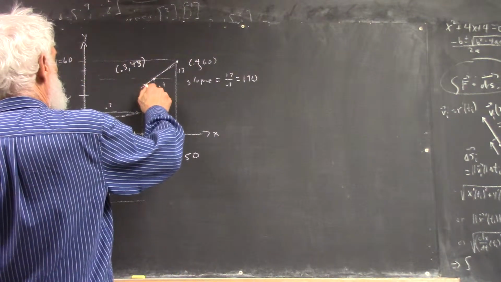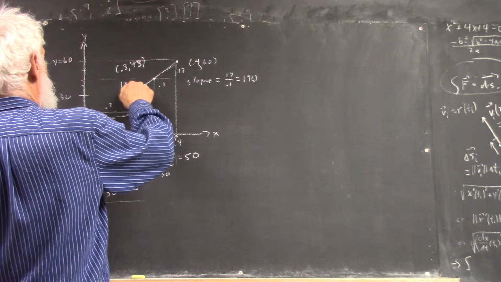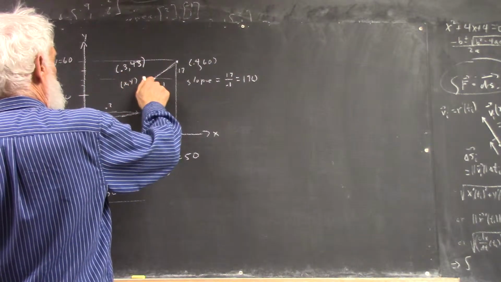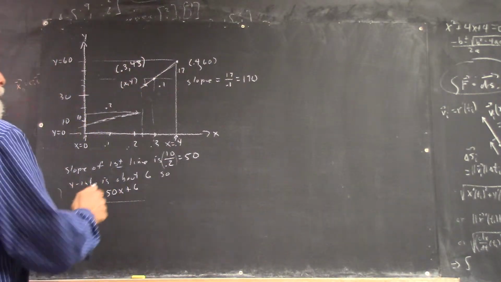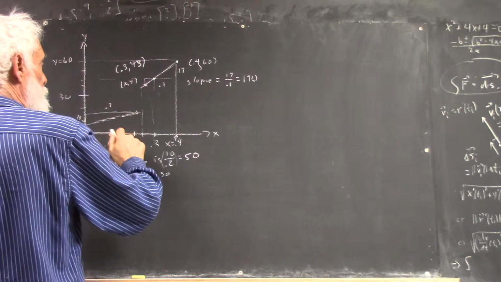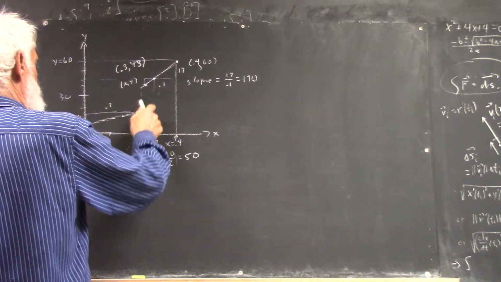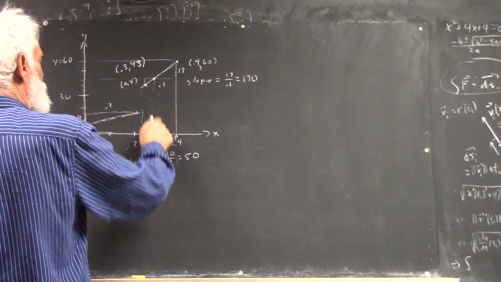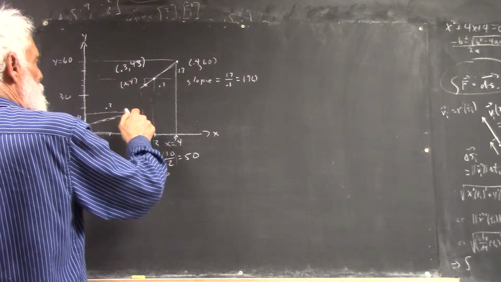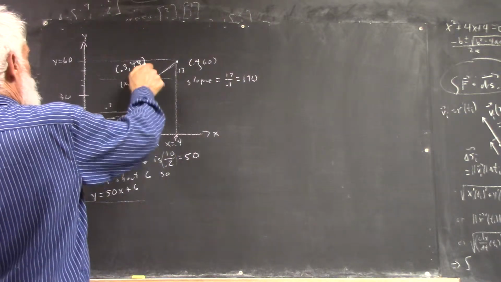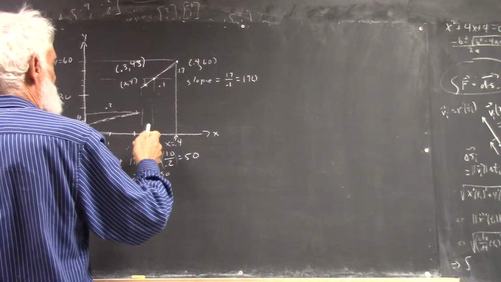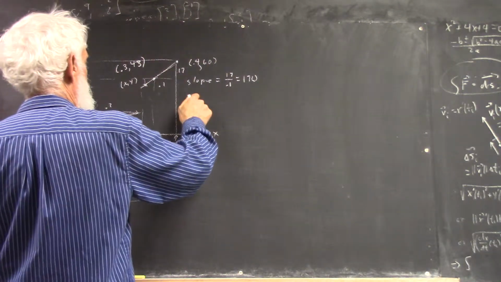Then I can put a point x, y on here and do a fundamental triangle here, and the slope of that fundamental triangle is the rise, 43 minus y, over the run, 0.3 minus x.